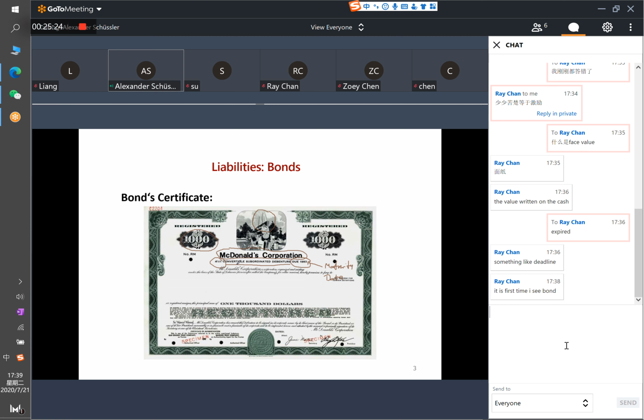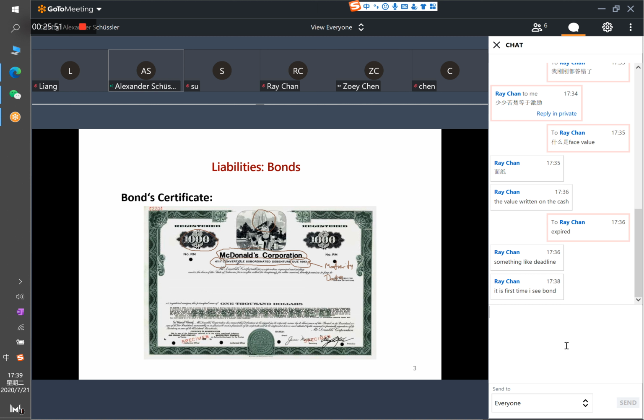Then we have subordinated. That means in the case of bankruptcy of the company, imagine McDonald's goes bankrupt, then there are other creditors which McDonald's has to pay first. This is a subordinated bond.